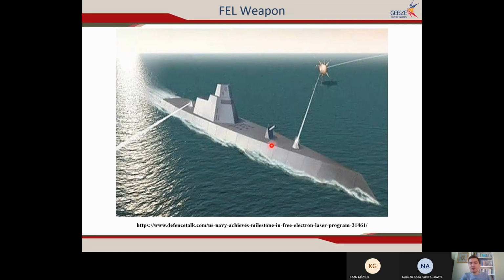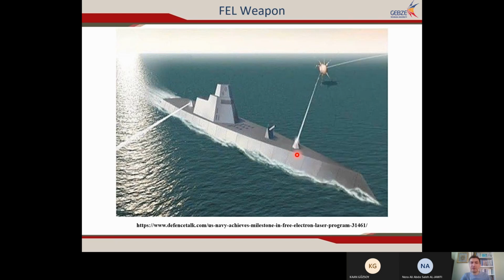And compared to the conventional, for example, Tomahawk missiles, using free electron laser, you spend very less money, okay? For example, one Tomahawk missile, as much as I remember, costs $1 million. And one shot of free electron laser is around $1, okay?